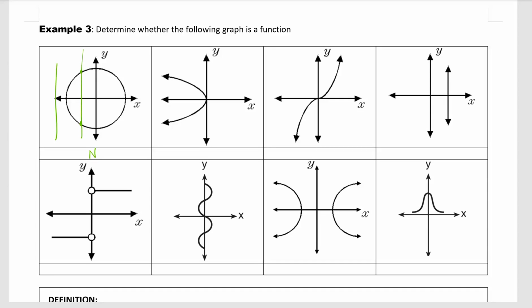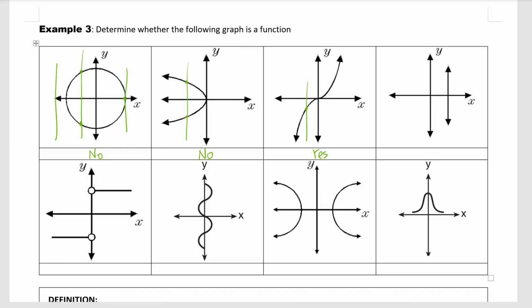So this is no. Even though maybe you can see at this point it only crosses once, if there is some vertical line that crosses more than once, then it's not a function. Let's look at the next one. You see, when I draw this, oh, it crosses 2 times, so it's not a function. How about this one? Well, no matter where I put the vertical line, it's always crossed once. So yes, this is a function.